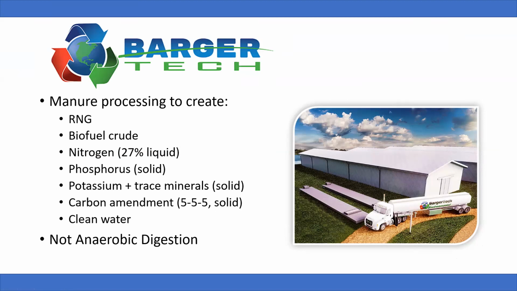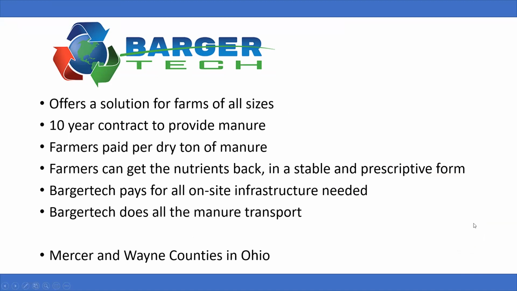And then they're going through a full wastewater treatment where they will create several products: a separate nitrogen, a separate phosphorus, and a separate potassium product. So in addition to that, after they go through the hydrothermal process, they'll have our renewable natural gas, biofuel crude product, and a carbon amendment, which is a solid carbon product with a 5-5-5 analysis. So next slide.